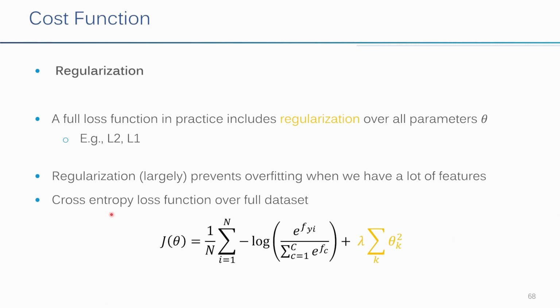So if we consider now the cross entropy loss function over the entire data set, we have pretty much what we had before, but now we add a specific term right here, and we call this regularization L1 or L2. In L2, we are pretty much adding the squared magnitude of all the parameters that we had.